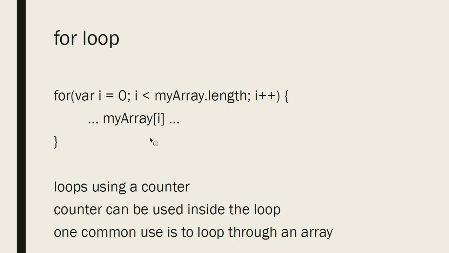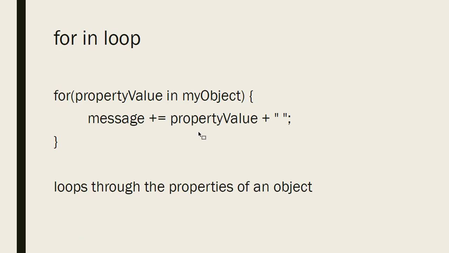Now, for loops can loop for other things, but one of the common things that they're used for is to loop through an array. Then we learned that in JavaScript, there's a for in loop, and that this one loops through the properties of an object.